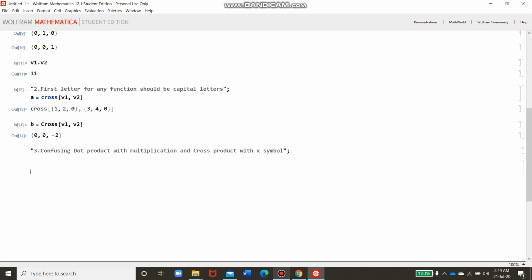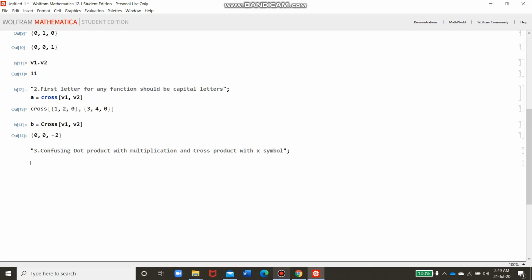So the third common error is confusing the dot product or cross product with the multiplication symbol or x symbol, because we know cross is kind of an X, and dot product can symbolize similar to multiplication, but make sure you don't mess it up.